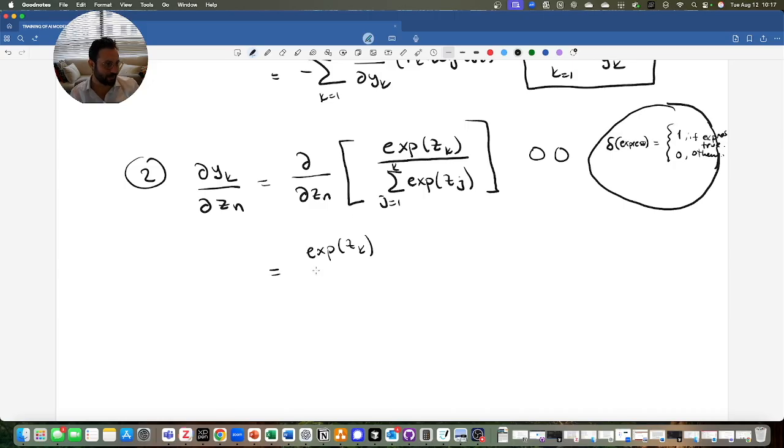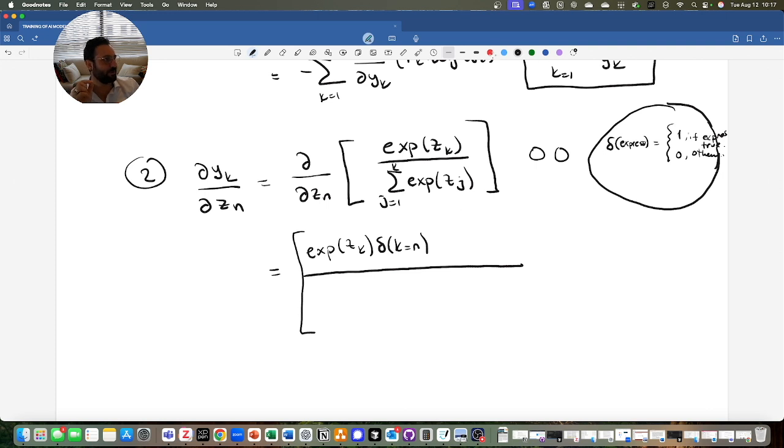So when I'm doing this calculation, I'm calculating, I just wrote the first thing in my derivative. So it can be exponential z of k or nothing if k equals n, times the second part. I'm not going to write all of these j's.